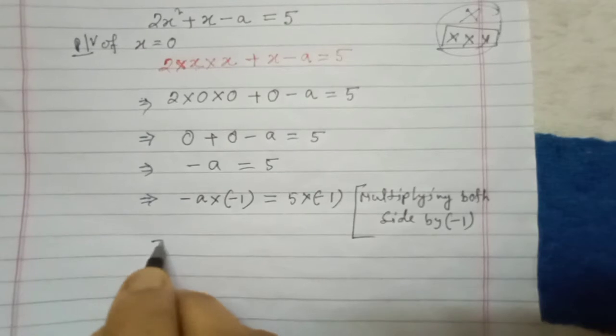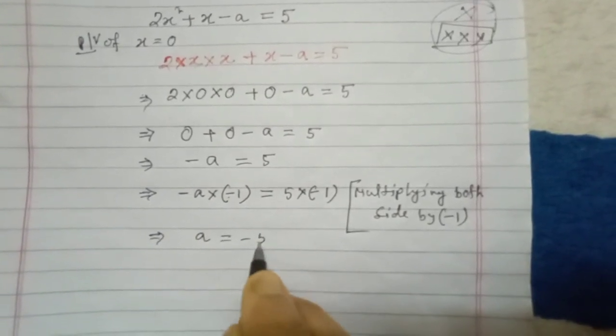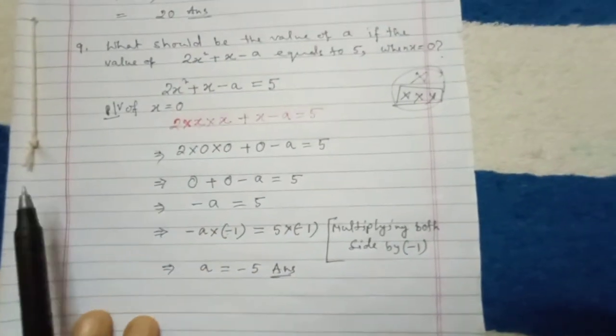Now what will you get? Minus into minus plus, a is equal to minus 5. This is your answer. What is the value of a? It is minus 5. Understood?